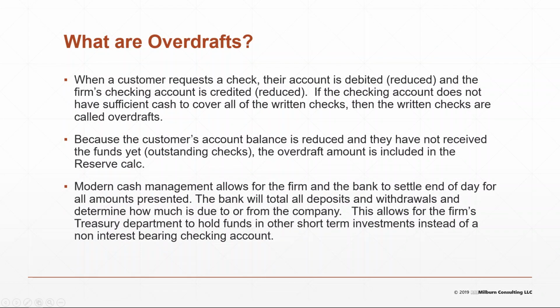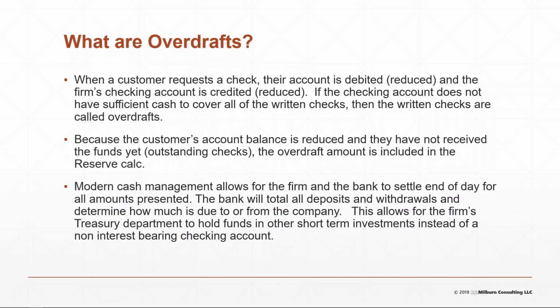So what are overdrafts? In its simplest form, an overdraft is when you write a customer a check based on the balance in their account, and the particular bank account that you write it off of has zero balance in it, or a ZBA account.